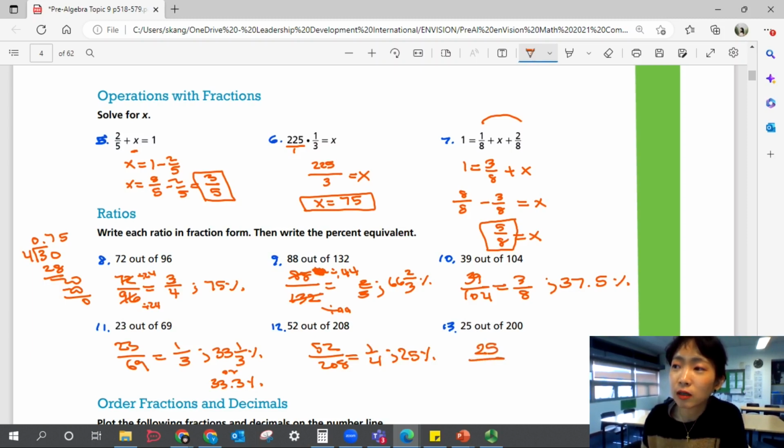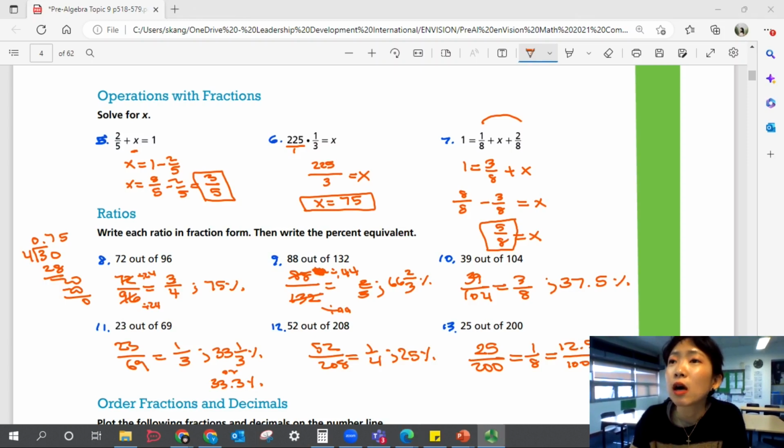And 25 out of 200, you can simplify this to 1 over 8, or you can just divide it by 2 so that you get a denominator of 100 and you get 12.5 here. Why do we want to do that? Because anything over 100 is easily converted to a percentage with that numerator. Okay? That's what percent means by definition.